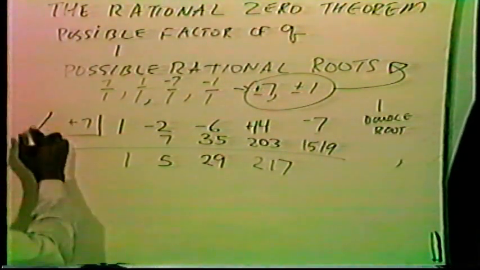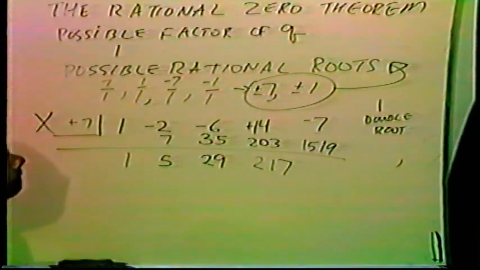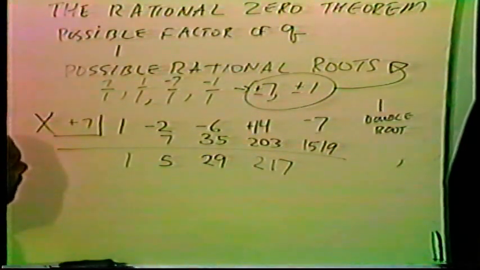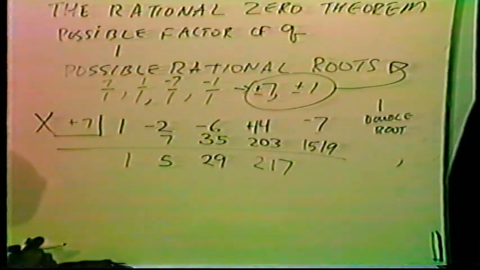So that means that this is not a 0 of the polynomial, and it means that x minus that is not a factor of the polynomial.